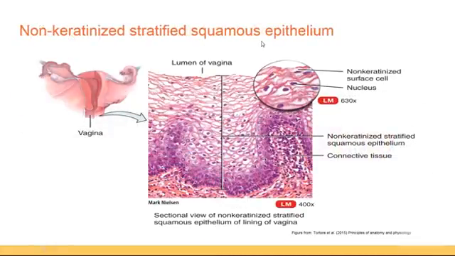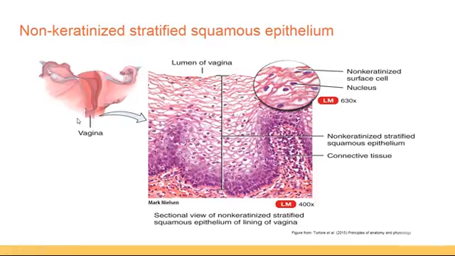Non-keratinized stratified squamous epithelium. When we're thinking about epithelia that are lining particular areas, it's important to note whether or not they're keratinized. Remember, keratin is that waxy waterproofing protein that we see on our skin.